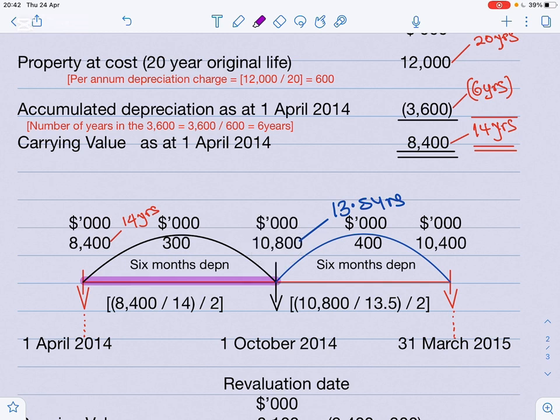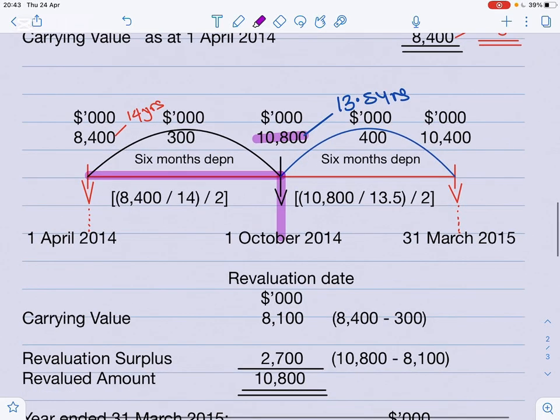And on the date of revaluation exercise, 1st October 2014, the revalued amount as given to us in the question was 10.8.